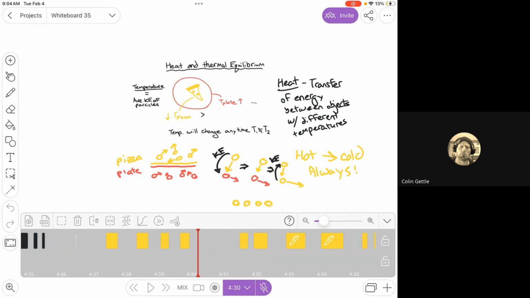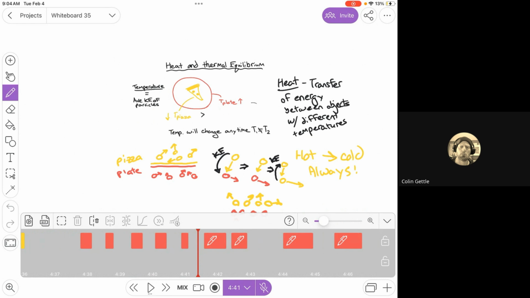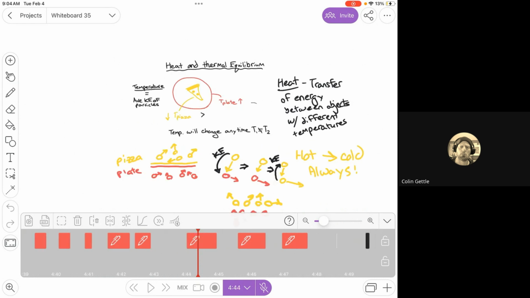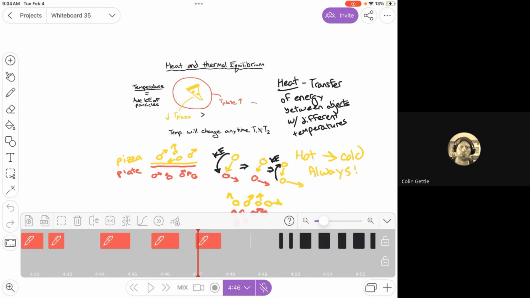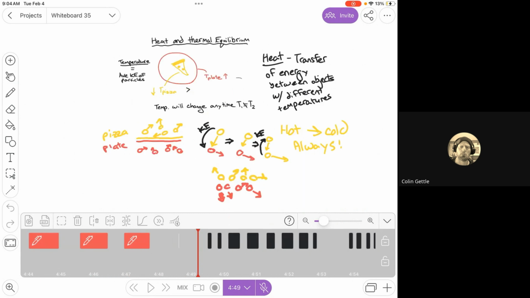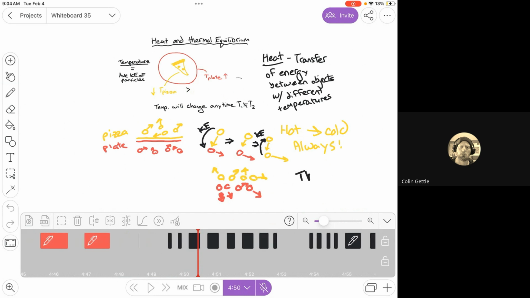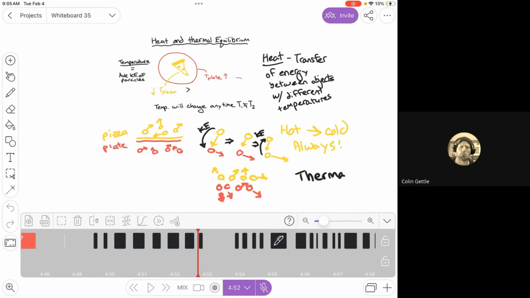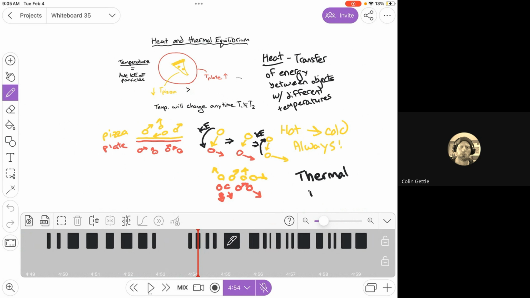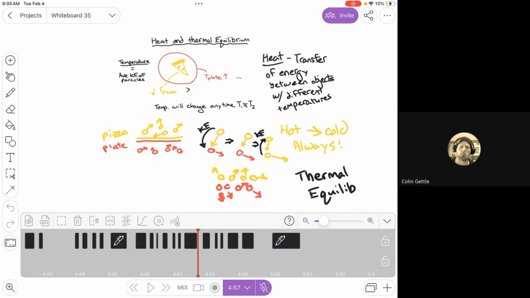Particles will keep hitting particles over and over again until all the particles in the system have, on average, an equal amount of kinetic energy. And when all of these particles have an equal amount of kinetic energy, we say that it has come to thermal equilibrium.